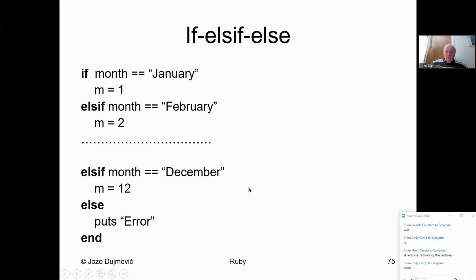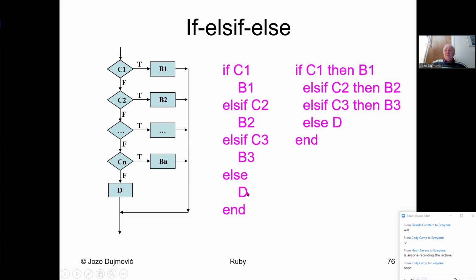So that's what we have here. If else can be written in two ways. If condition 1, B1, else if condition 2, B2, else if condition 3, B3, etc., else, and then the end. So from if to end is this expression. It returns the last value. But more frequently, we write that on a single line. Then we have to use then.